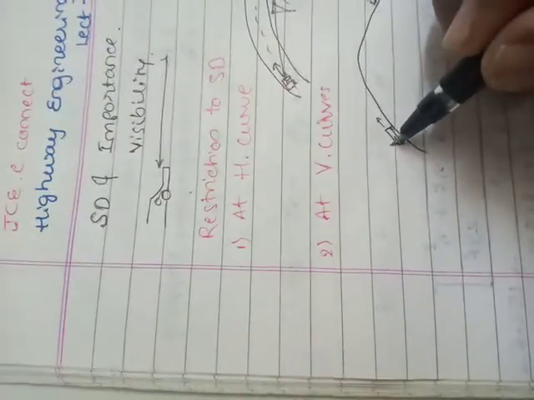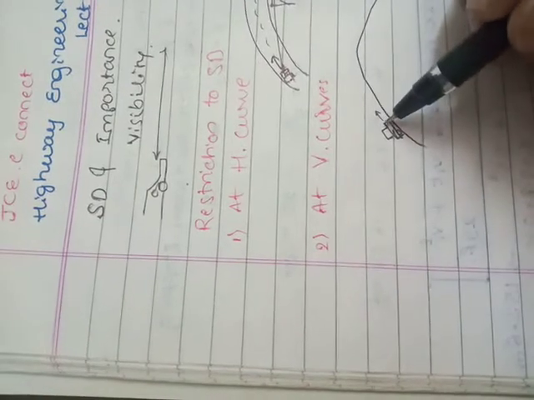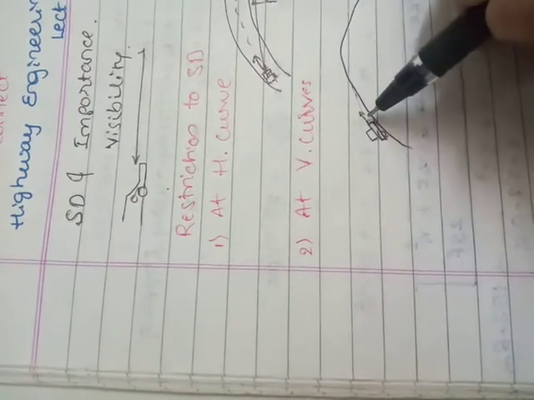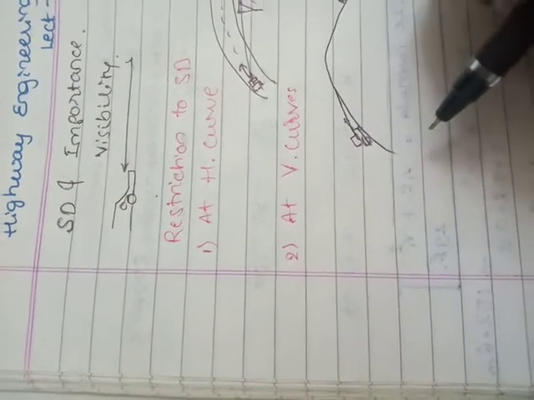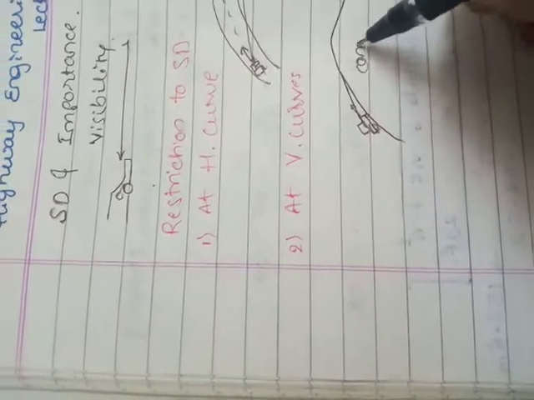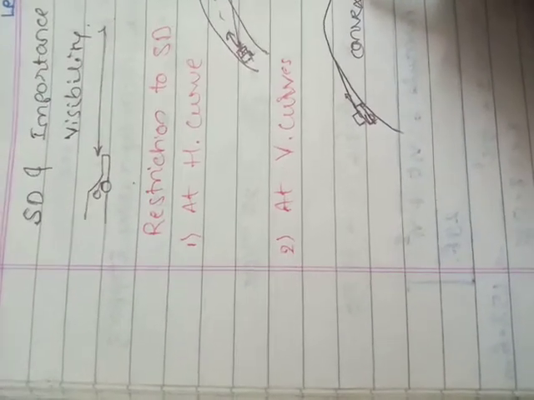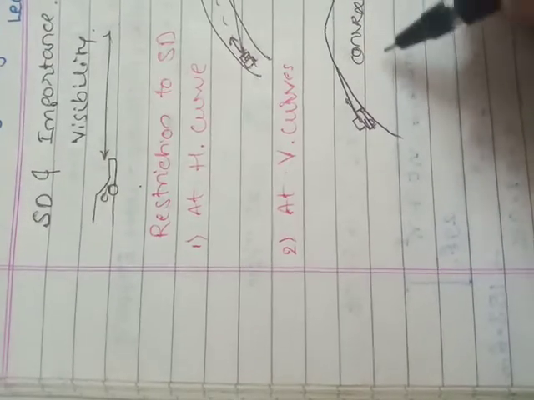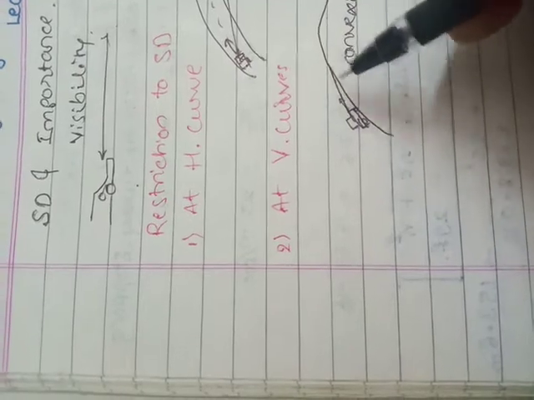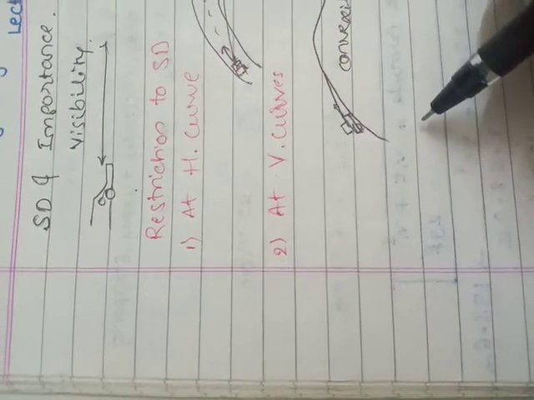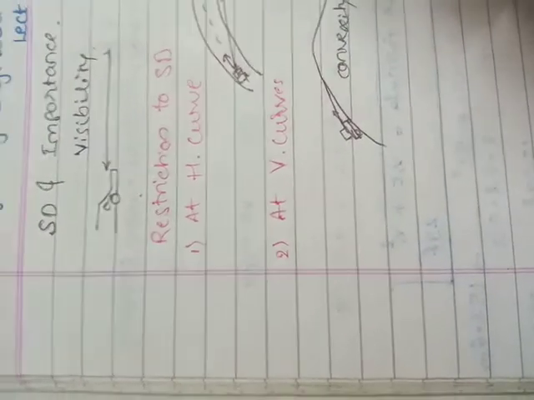So when a driver is trying to see the road here, the distance is limited because of the convexity upwards, so this sight distance is limited, especially in summit curves, vertical curves.